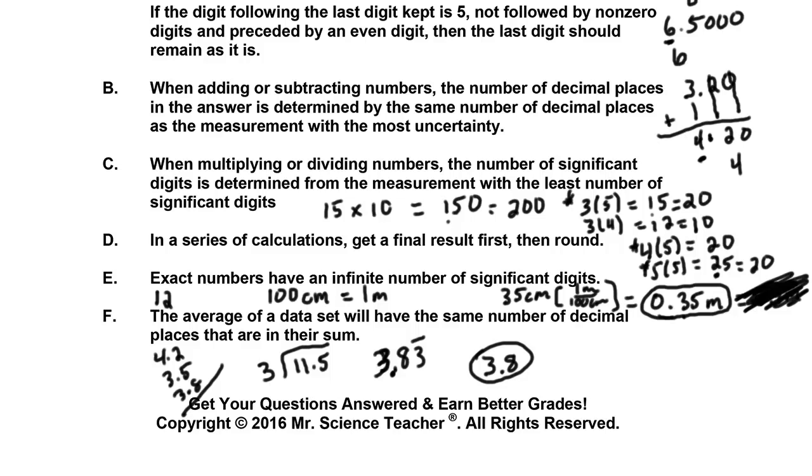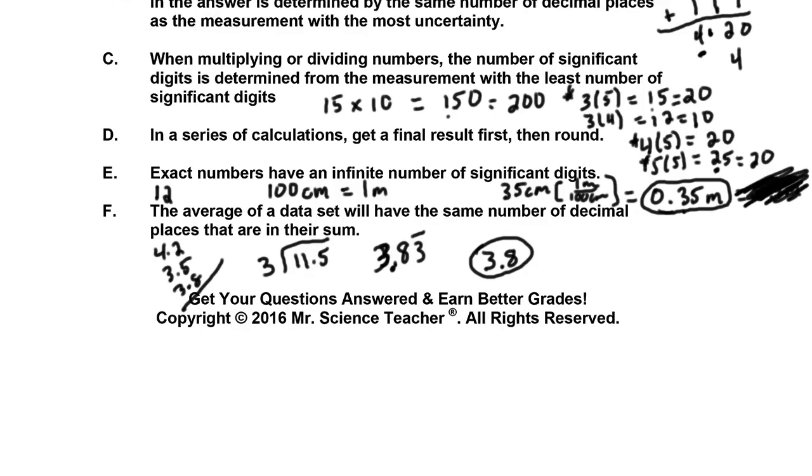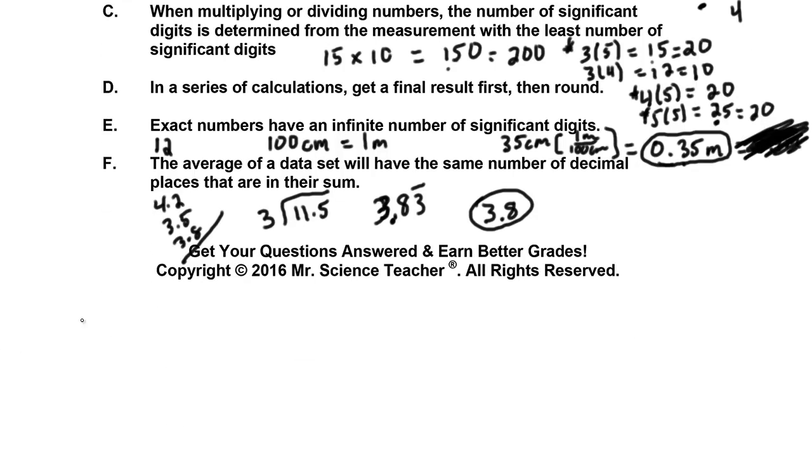So let's look at a couple of these addition ones and subtraction ones again. So if we have 42.78 and we want to subtract 3.015, notice when we do this, we're going to have to break this down.